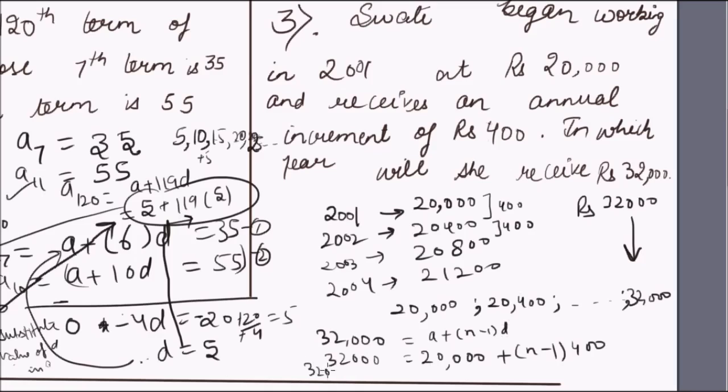Or we can have 32,000 minus 20,000, which is 12,000, equals n minus 1 into 400.